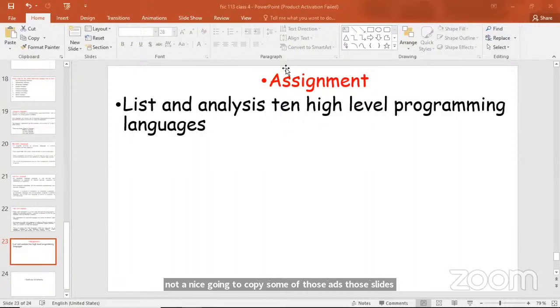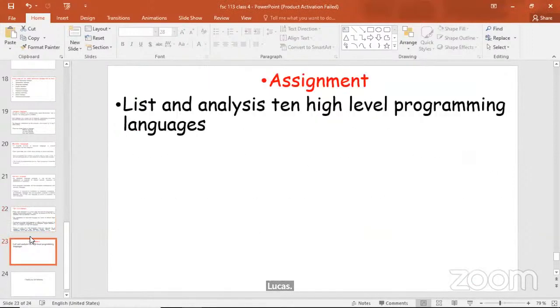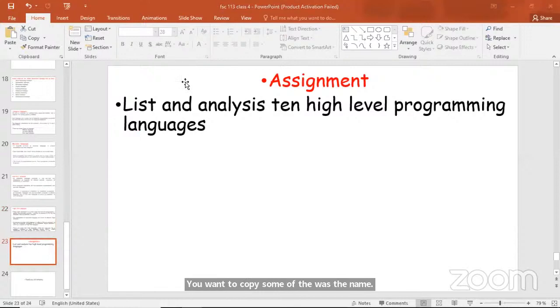What's wrong with slide 22? Yeah, I'm coming. Let me look at slide 22. Yeah, this is slide 22. You want to copy some of the examples of high-level languages.